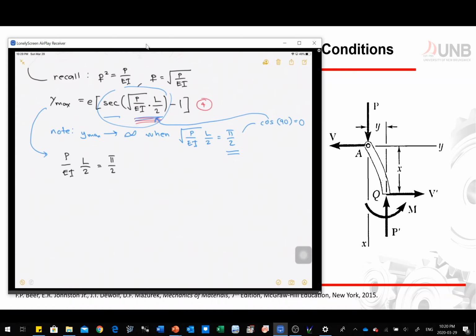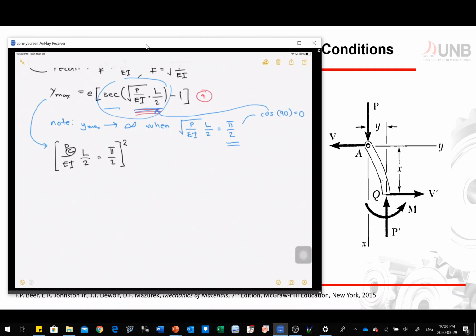Now we can also call it our critical force, and let's try to square this function right here. Take note that we don't want this value. This is a very large deflection. That's why we called it PCR. Now, once we square this number, we're going to get the following: PCR is equal to pi squared EI all over L squared.